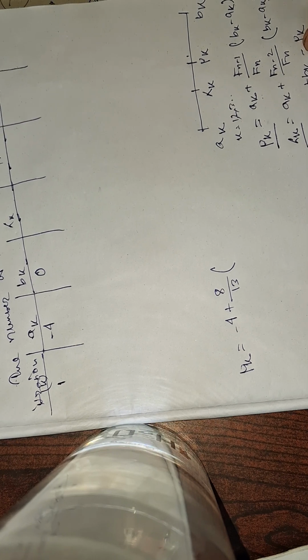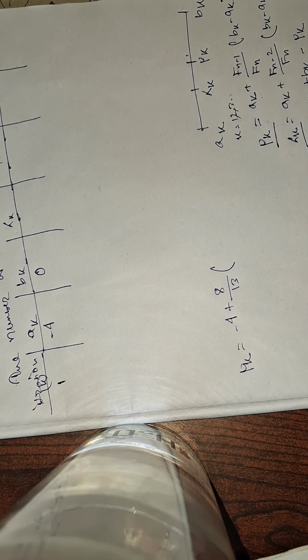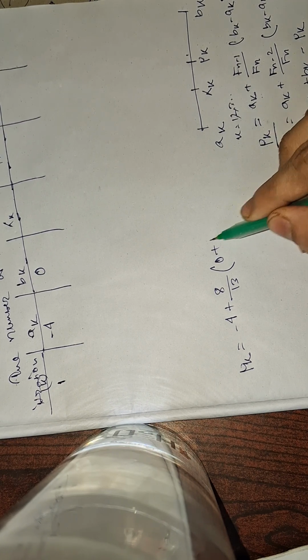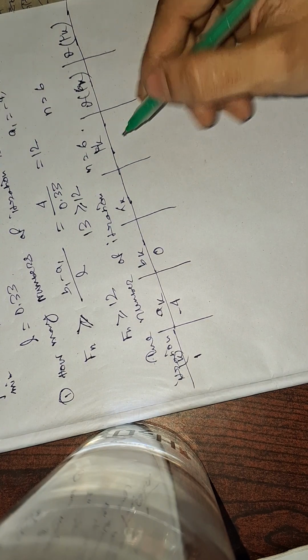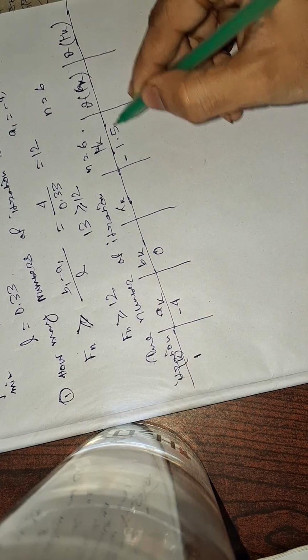What is bk minus ak? It is 0 plus 4. So 8 by 13 into 4, minus 4. So here this value is minus 1.54.